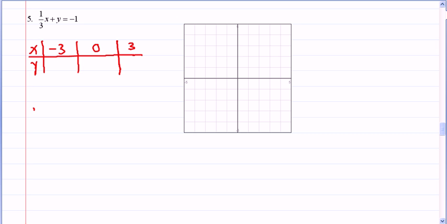So if I start with x equals negative 3, and I take 1/3 times negative 3 plus y equals negative 1, the 3 and negative 3 reduce to negative 1. So I have negative 1 plus y equals negative 1. And then I add 1 to both sides, and I get y equals 0.